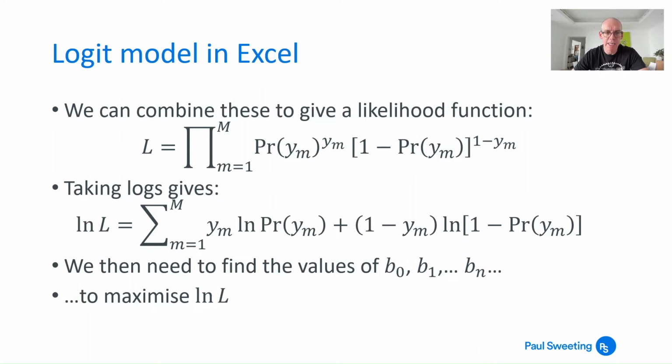So what you get is the sum of ym log of the probability plus 1 minus ym log of the probability. And again, this is going to give you the log of the probability of ym if something's defaulted, and the log of 1 minus the probability of ym for something that hasn't defaulted. Then we need to find the values of b0, b1, all the way to bn, and to do this we need to maximize log of L.